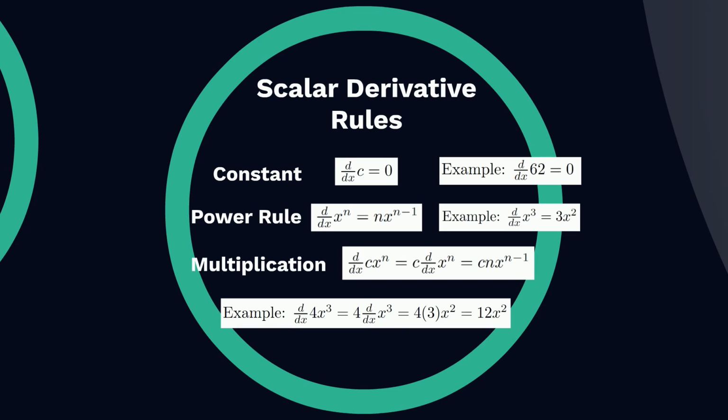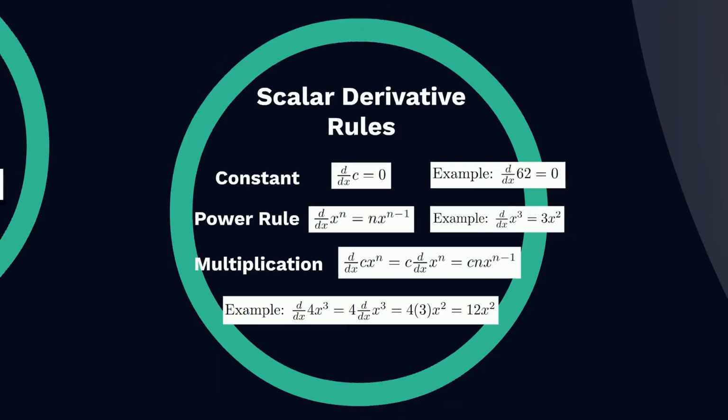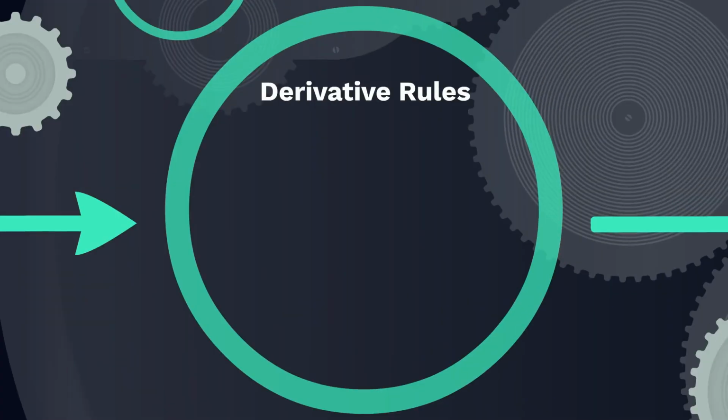So we have 4 times 3 times x squared, which is going to give us a derivative of 12x squared. So multiplication is really important because we're going to see, especially in regards to partials, if we have constant coefficients that are being multiplied by our variables, we can bring those out into the front and then worry about adding them back in later.